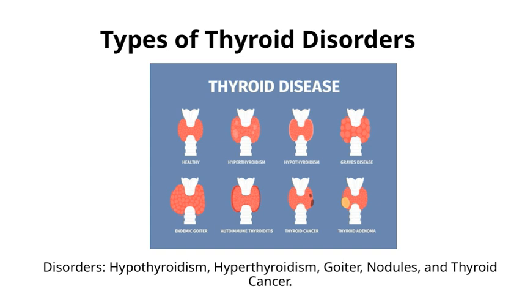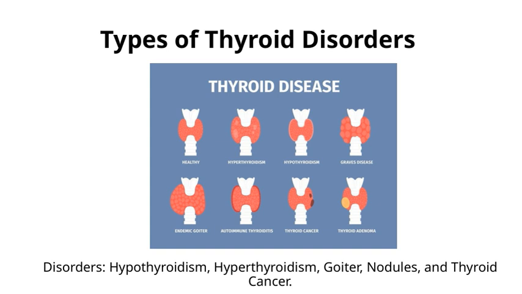Goiter is a swelling of the thyroid gland itself, which can happen in cases of both hypothyroidism and hyperthyroidism, or even simply due to iodine deficiency. Then, we have thyroid nodules. These are lumps that can form within the gland. Most nodules are benign, but some can be cancerous, which is why proper diagnosis is important.